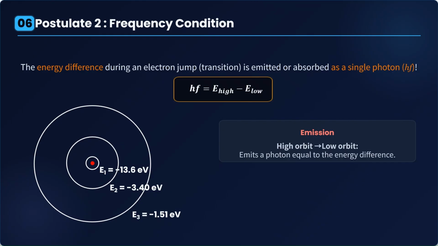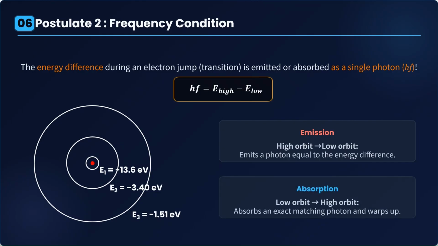Depending on this energy difference, the color of the light is set by E equals hf. Conversely, if light with the exact energy difference hits the atom from the outside, the electron absorbs it and jumps to a higher step. This was the true identity behind the line spectrum that Balmer observed. How does that sound? Pretty amazing, right?